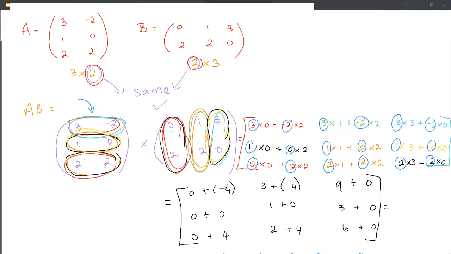So 0 plus -4, that becomes 0 minus 4, which is -4. 0 plus 0 is 0, 0 plus 4 is 4. 3 plus -4, that becomes 3 minus 4, which is -1. 1 plus 0 is 1. 4 plus 2 is 6. 9 plus 0, that's 9. 3 plus 0, it's 3. And then 6 plus 0, that's 6.